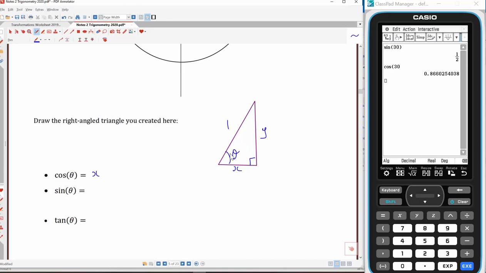Sine of theta equals the opposite over the hypotenuse, so that's y. So tan of theta is the opposite over the adjacent, which is y on x. But because x is cosine of theta and y is sine of theta, we can also write this as sine of theta over cosine of theta. And that's a handy little one to know for later on.